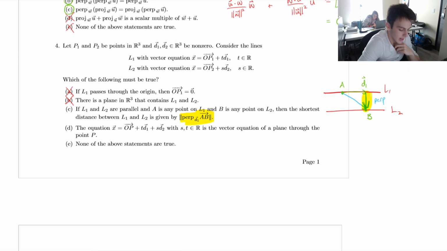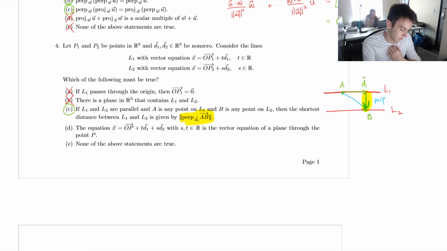Since that's the perpendicular distance between those two parallel lines, and we're taking the magnitude of it, this is the shortest distance. Therefore, C is correct.